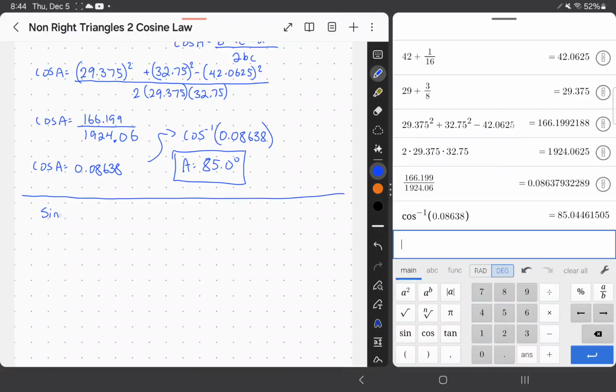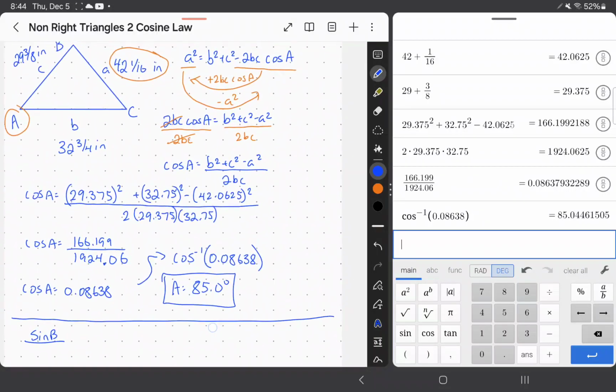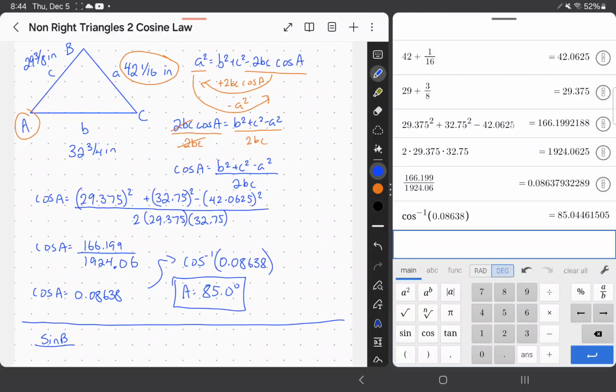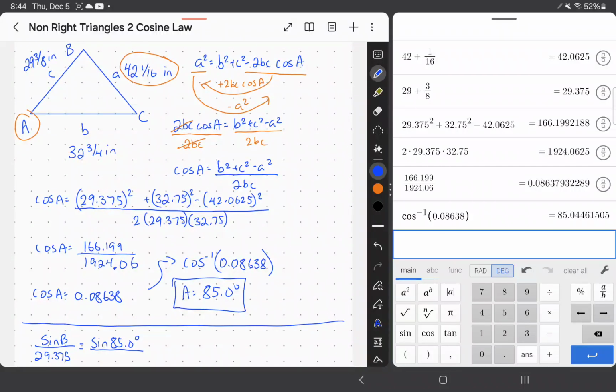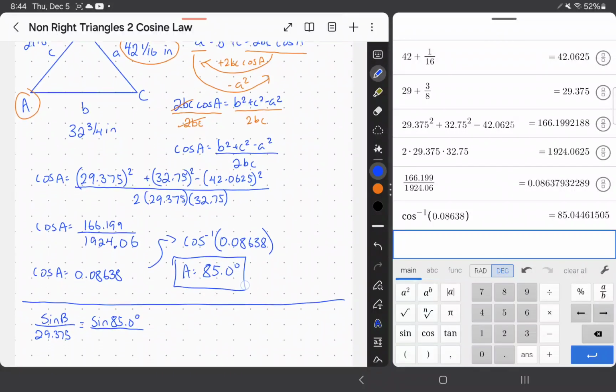We'll say that sine of B divided by b, which was the 29.375, and then we're using our angle and side pair, so sine of 85.0 degrees, and side A was the 42.0625.